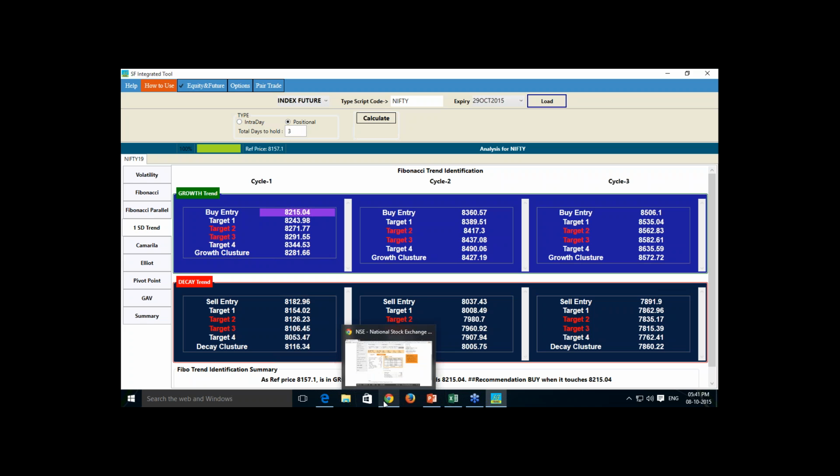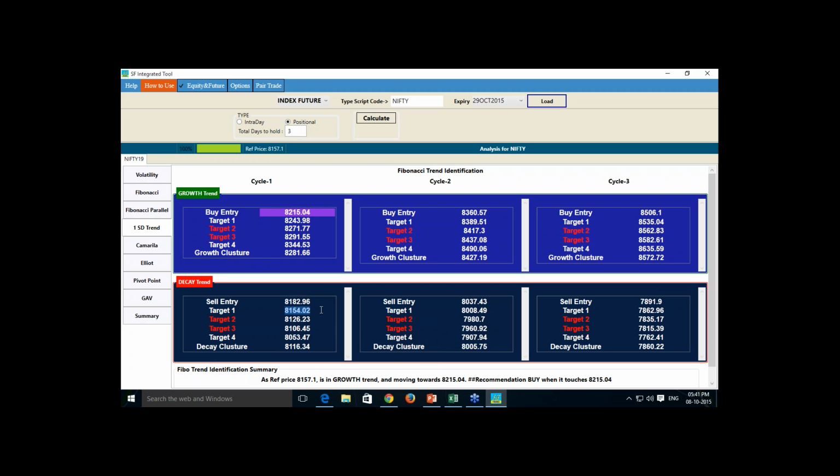So this is what, as per the end of the day, it is coming tomorrow. If Nifty opens above 8215, you have an uptrend. You can have a death zone till 8291. It has closed today at 8157.1, and 8157 is the first target of this thing.